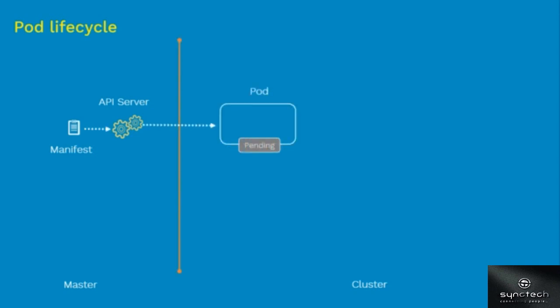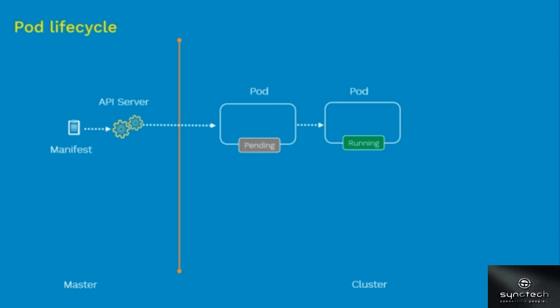Once that is done, it will get scheduled onto a worker node inside the Kubernetes cluster. Once scheduled, it goes into the pending state. During this pending state, the node will download all the container images and start running the containers. It stays in the pending state until all containers are up and running. Once that is done, it goes into the running state.